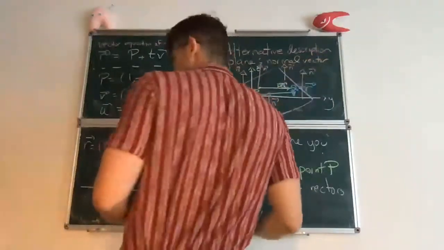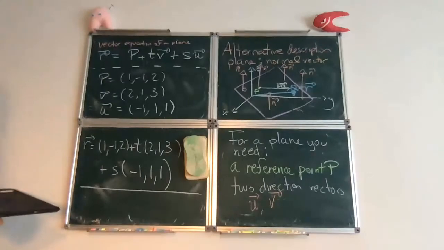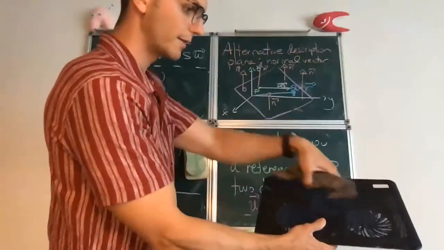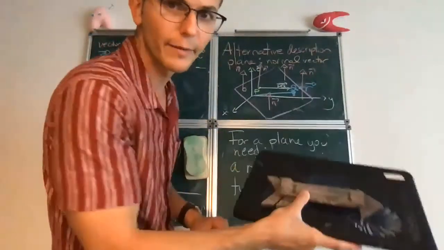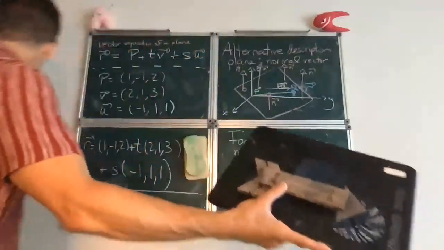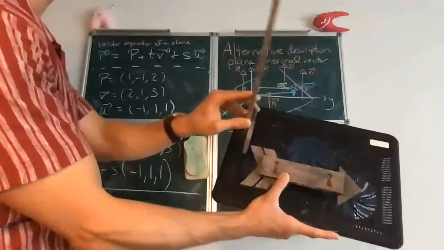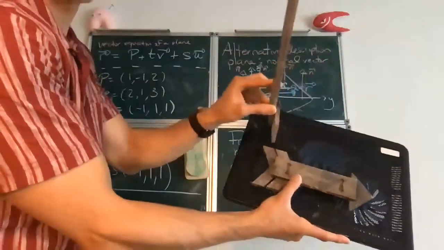So as an illustration, imagine that here's point P, here's point Q, and there's a displacement vector that connects them, which is the one that you see here. But the property of a normal vector is that it's perpendicular to all the displacement vectors that you can draw on the plane.